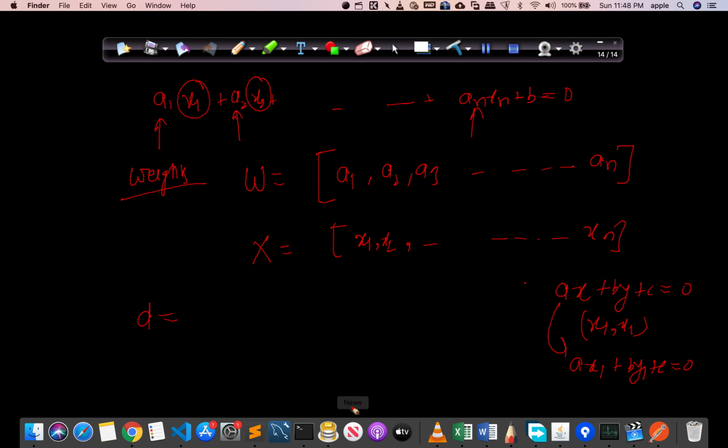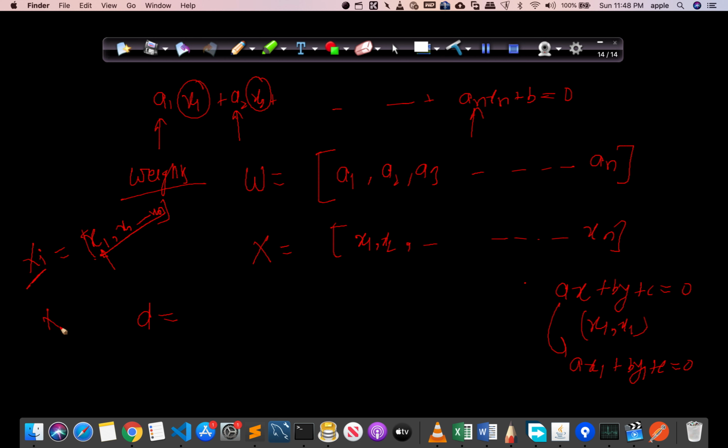Now what is the equation? The equation is a1 x1 plus a2 x2 plus a3 x3 and so on. Suppose we have a point xi, where the values are x1, x2 until xn. Now these x1, x2 and xn are not similar to this, because these are variables. But when we have a particular data point, we will have a fixed value of x1.